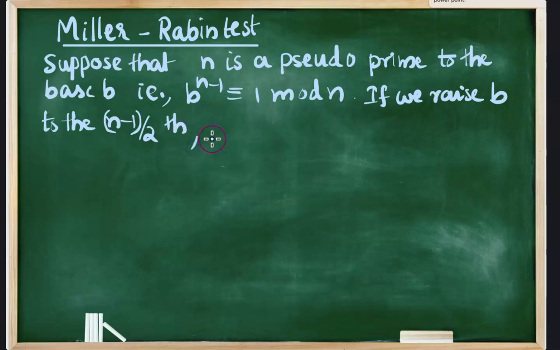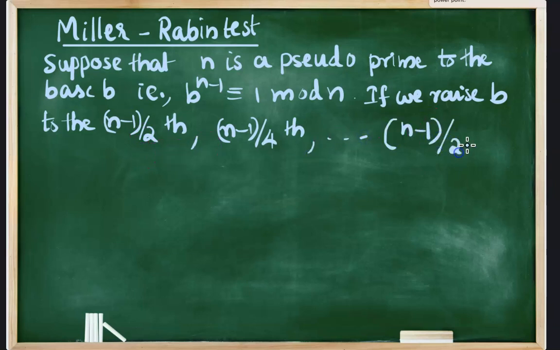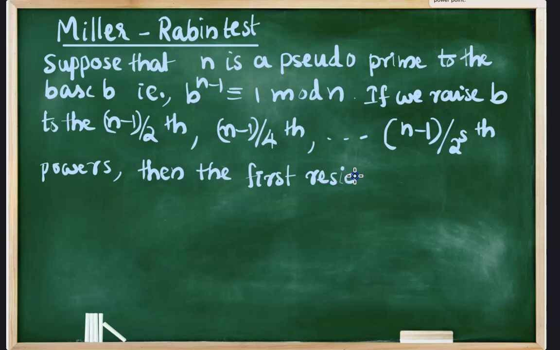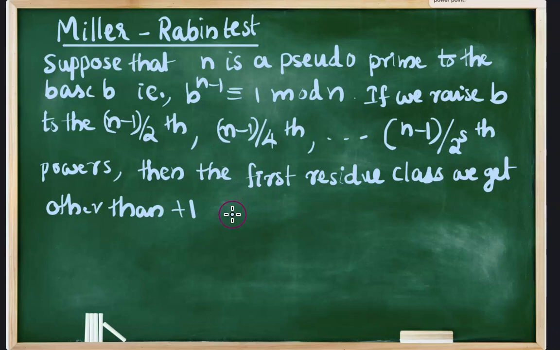And if the n minus 1 by 2 power is still plus 1, then we can raise b to the n minus 1 by 4, that is the square root of b raised to n minus 1 by 2, and so on, up to the s-th power. Then the first residue class we get other than plus 1 must be minus 1.